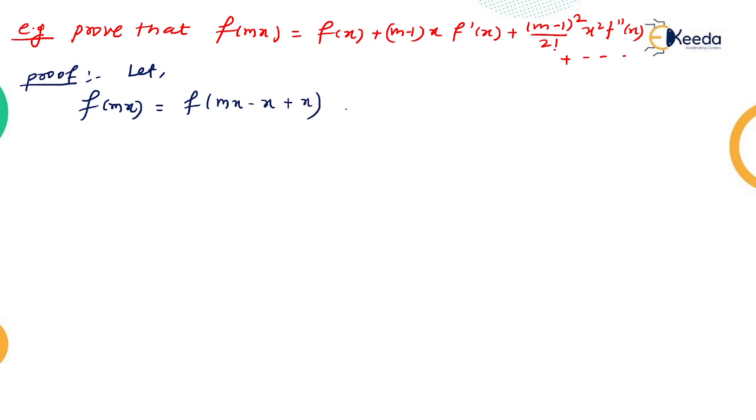You are adjusting the term in this way. We take an extra term and subtract the same term, so this can be written as f of x plus (m minus 1) into x.